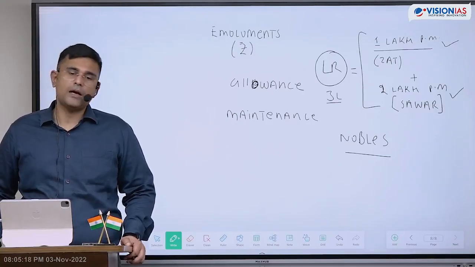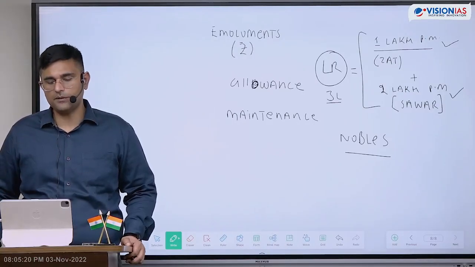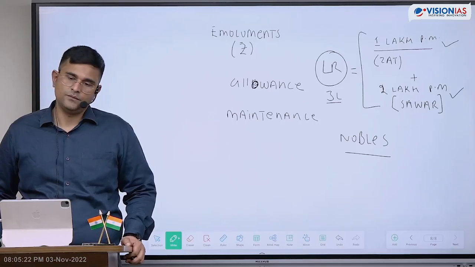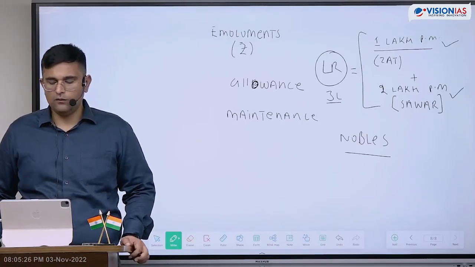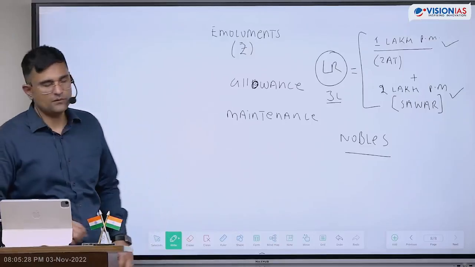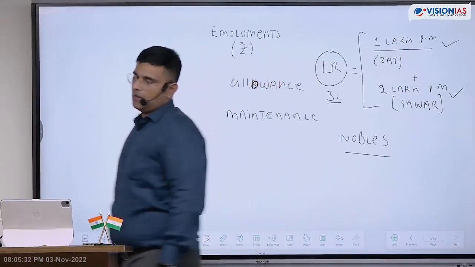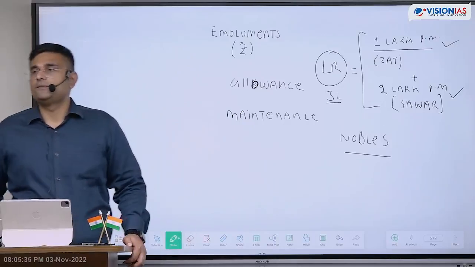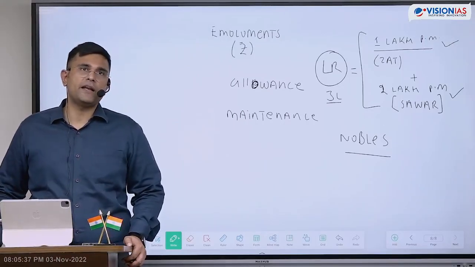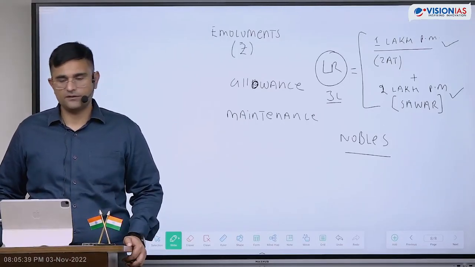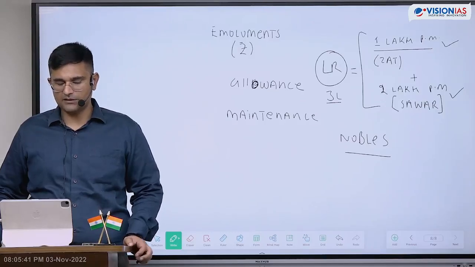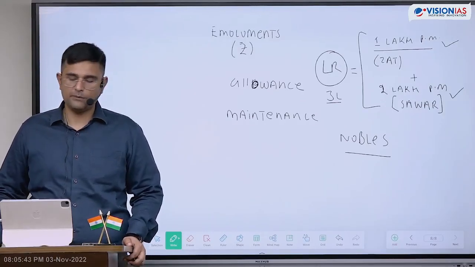Next, corrupt Mansabdars would not maintain army as per Sawar.